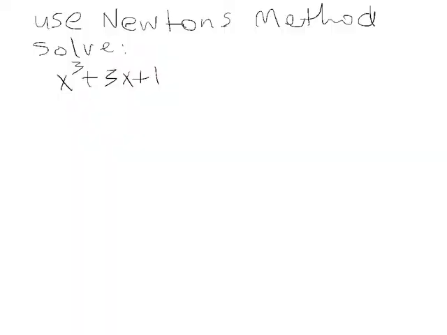All right, so Newton's method. How can you solve Newton's method? Well, what you need to start off with is a function, and we're going to need the derivative of this function. So if this guy is f of x, then I need to know what the derivative of that is. And in this case, it's going to be 3x squared plus 3.